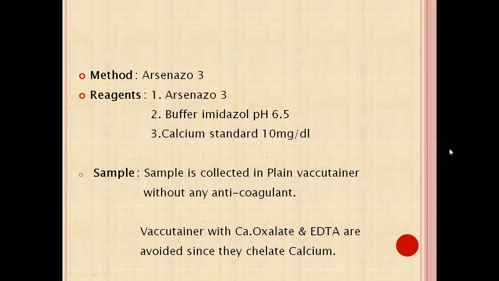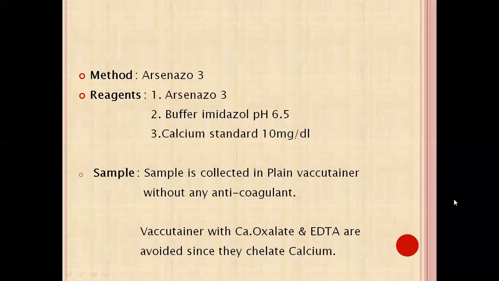Now the sample is collected in a plain vacutainer. The test tube or vacutainer should be plain without any anticoagulant, because plain vacutainer is used for most of the serum testing in our biochemistry lab. Vacutainers with calcium oxalate and EDTA are anticoagulants, and these are avoided since they chelate calcium.